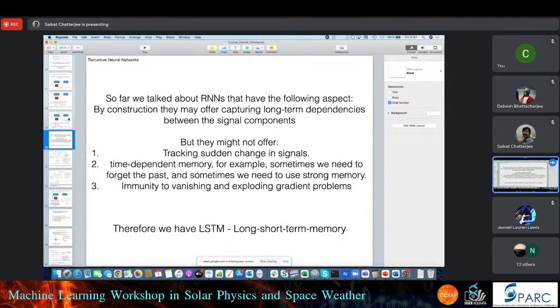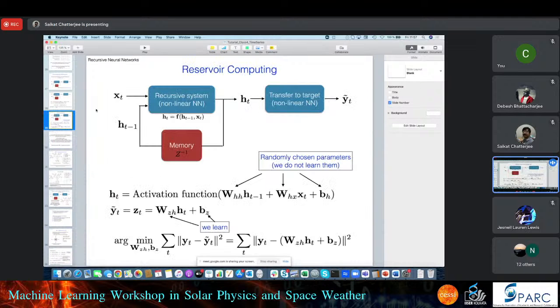Please note that here I have used very simple one-layer cases, but there is nothing stopping us from using a multiple-layered, deep neural network here.